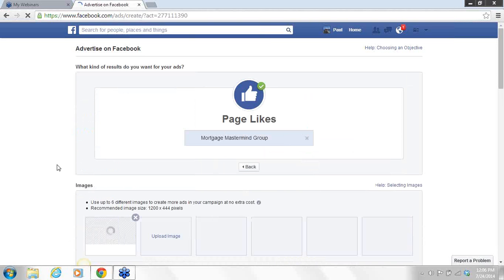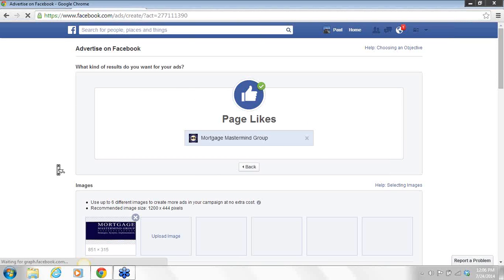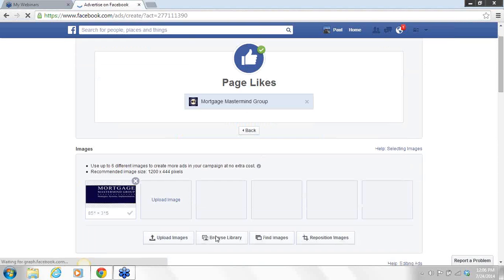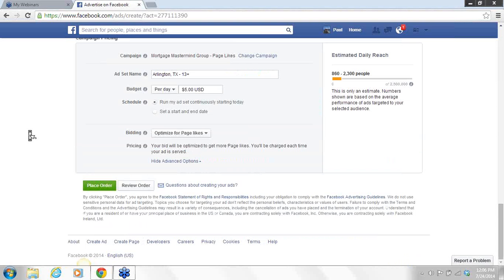Perfect. We talked about it yesterday, guys, just as a quick review, you can upload different images. You can choose images that are already uploaded into your Facebook account.